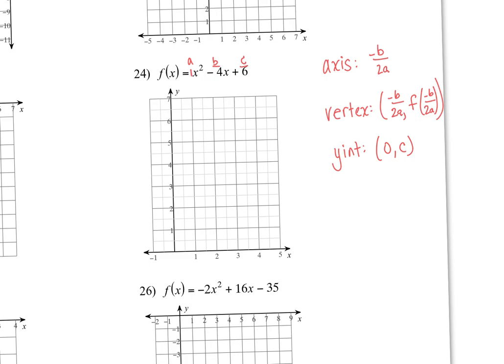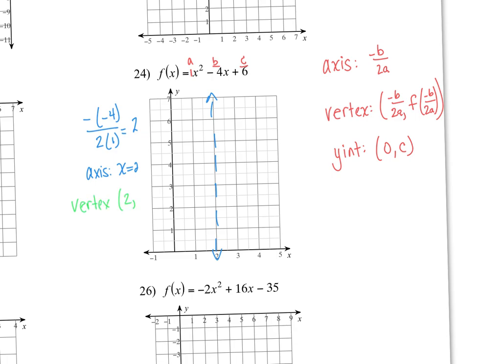All right. So for this one, negative b, well, that's negative 4 over 2 times a is going to give me 4 over 2, which is 2. So my axis is going to be x equals 2. That's going to happen right here. My vertex, well, I already know the x value of my vertex.